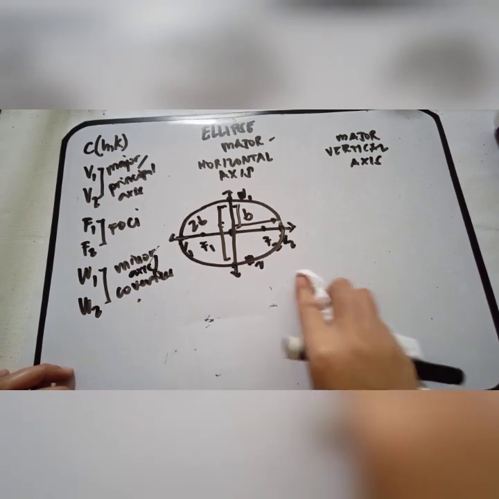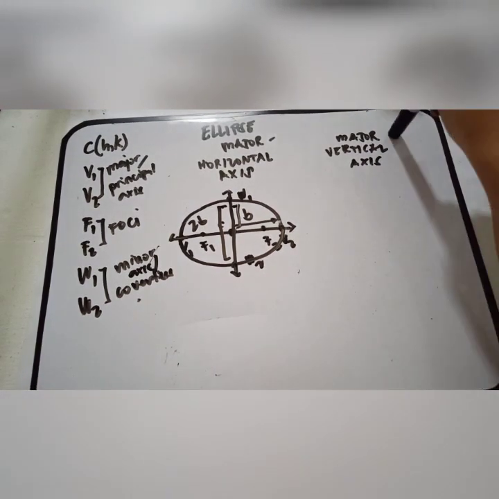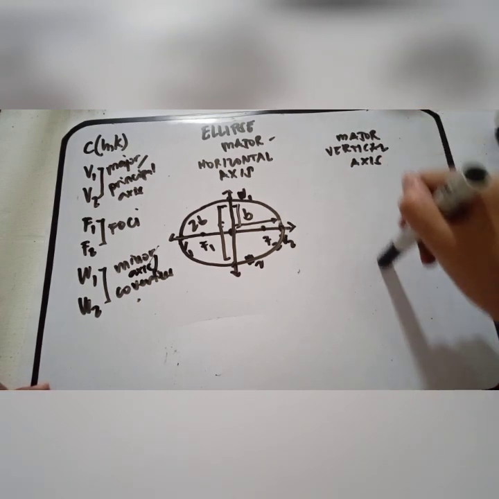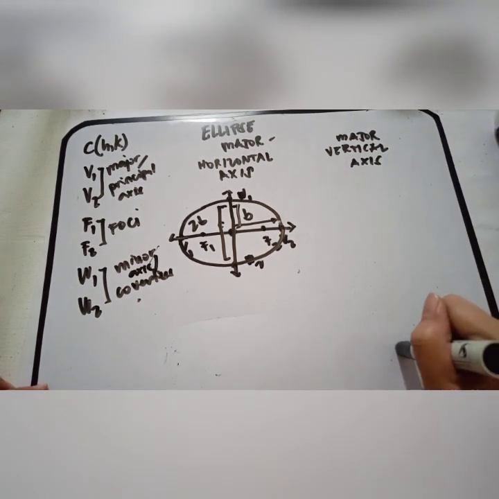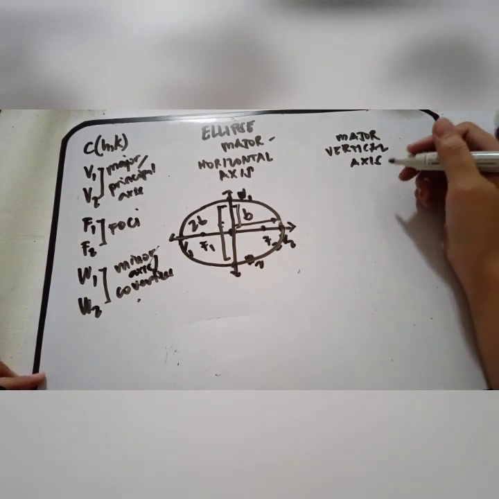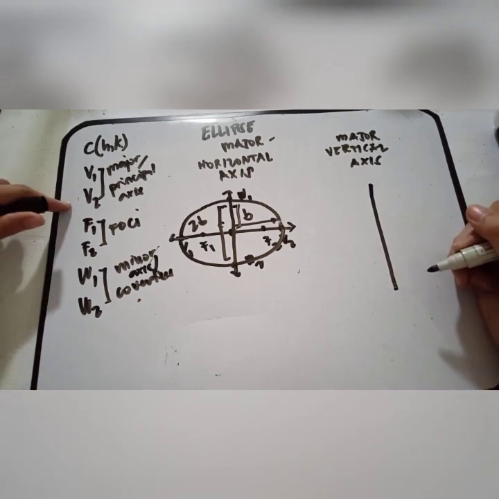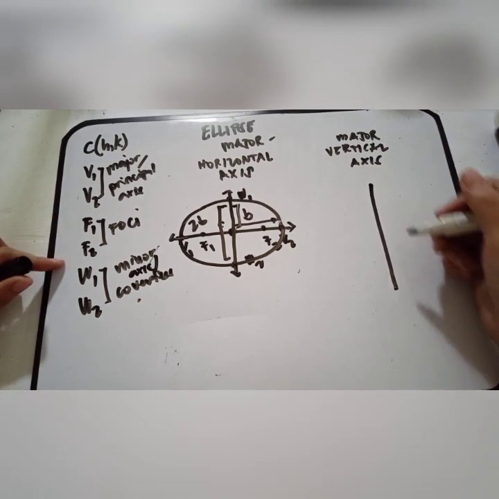Okay, next, we're going to discuss about the vertical axis. So, the vertical axis, major, ibig sabihin, mas malaki yung nakatayo na line natin. Ibig sabihin, nakaline siya sa y-axis natin. So, it goes like this one. So, vertex and focus again, collinear siya sa center.